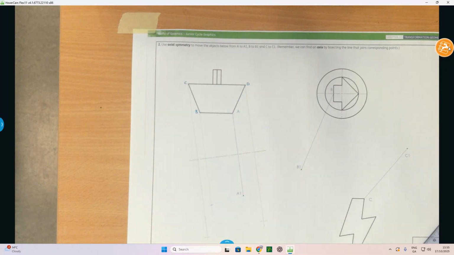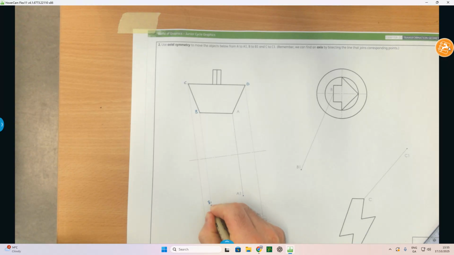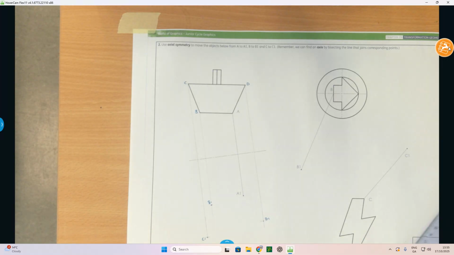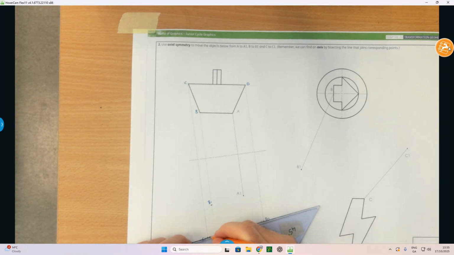Now in regards to labelling, if this is A1, here's B1, then C1 here and D1 out here, and now we can draw in the bottom part of our object.